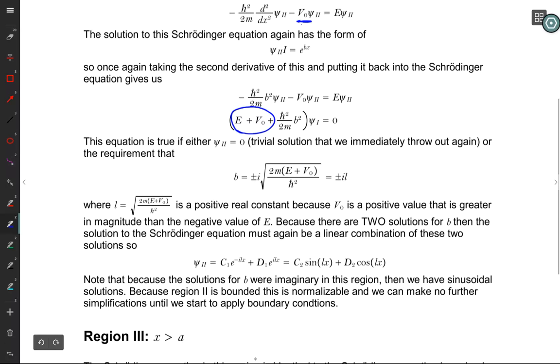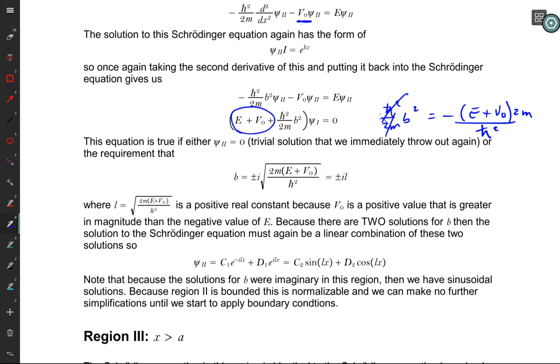And so I have that when I move to the other side of the equal sign, then divide everything by h bar squared, multiply everything by 2m. And I have b squared is equal to minus, that thing in parentheses is a positive value, 2m over h bar squared. Square root that, and I have the square root of a negative value.